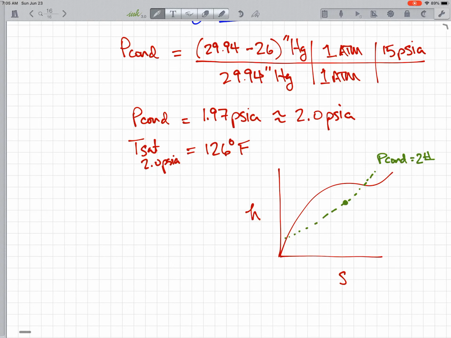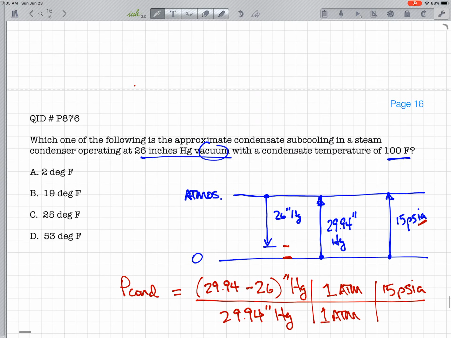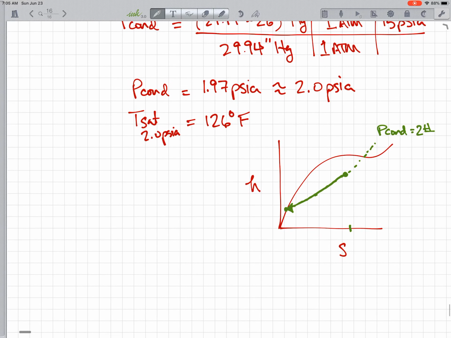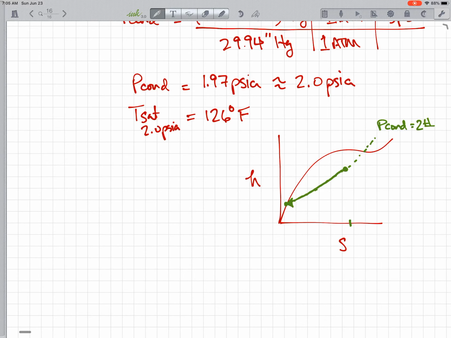Exhaust steam is coming in from the turbine at this entropy. It's going down here and going into the subcooled line, and then going to the saturated line and then becoming slightly subcooled, because it is coming in at 100 degrees. So not only is it turning into water, saturated water, but the condenser's taking a little more heat out of it.